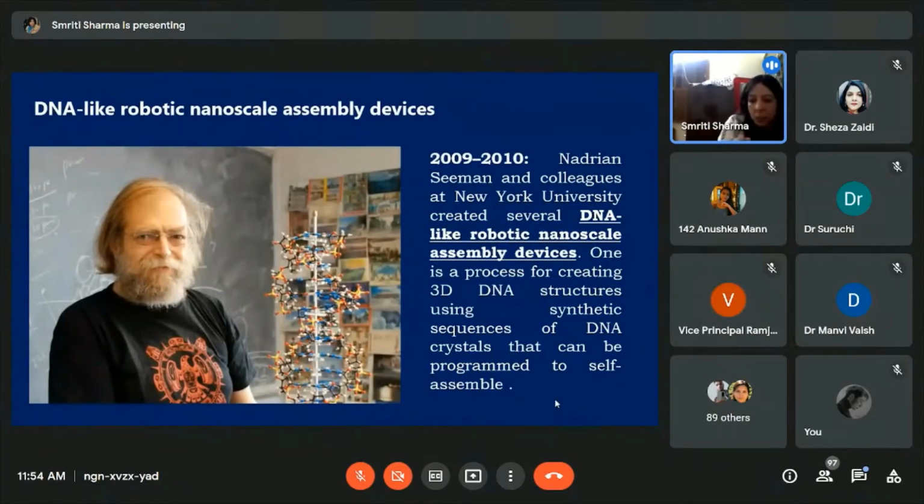Like you take small synthetic sequences of DNA crystals and they assemble themselves into big 3D DNA structures. Nadrian Seeman did create this. And as I said, different people are working independently on different generations of nanotechnology. So this person is working on the third generation, and he got a very famous prize also in nanotechnology.